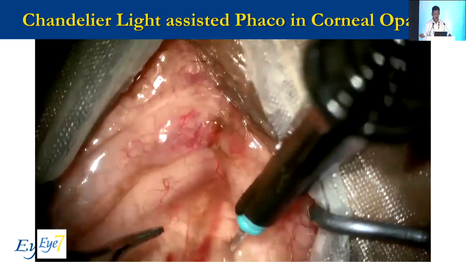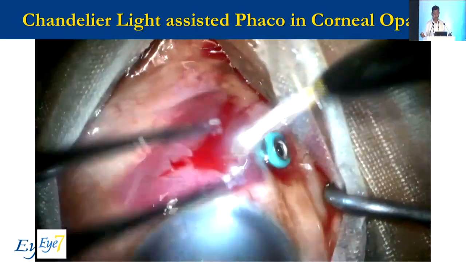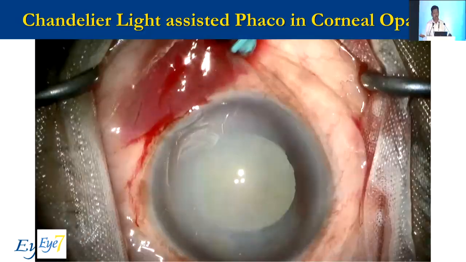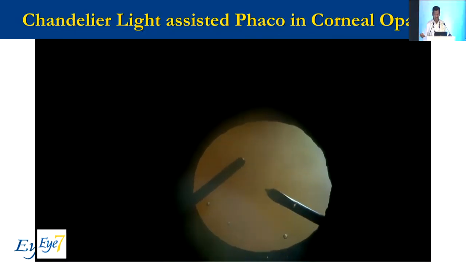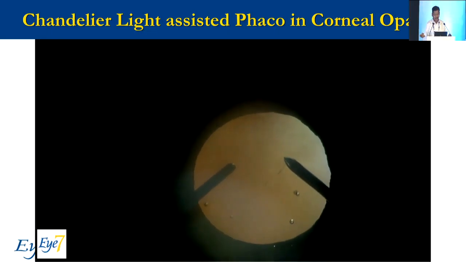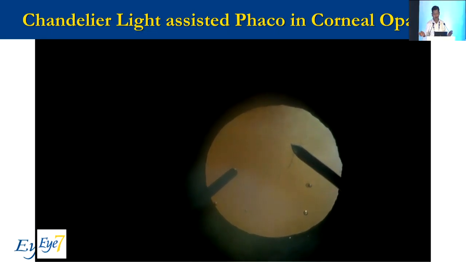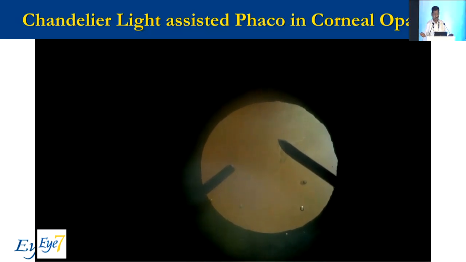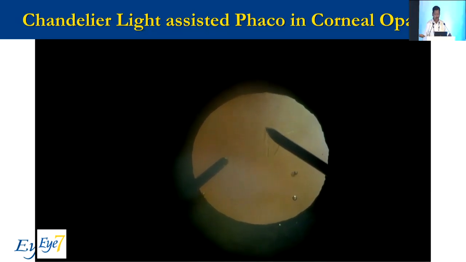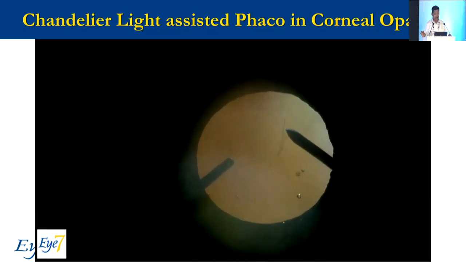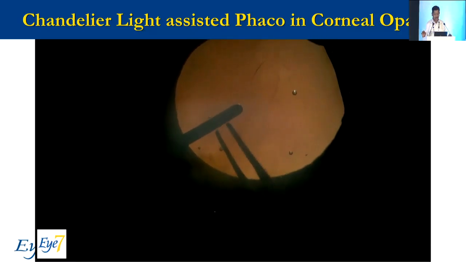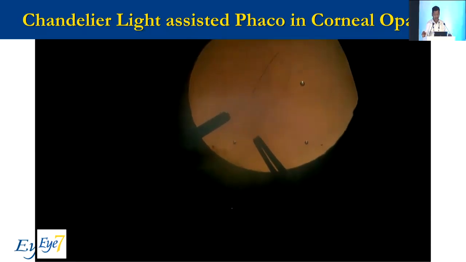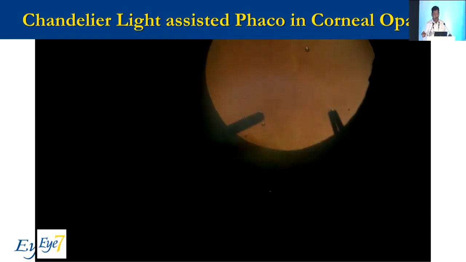So I use a pars plana approach and put in a chandelier light. The chandelier lights are usually used by the retina people. Since we have retina in-house, we could do it. Switching off all other lights, including the microscope light, you can see how I can comfortably observe the anterior capsule, and I'm doing a regular anterior capsular rhexis with the needle, and I can also do it with the rhexis forceps.